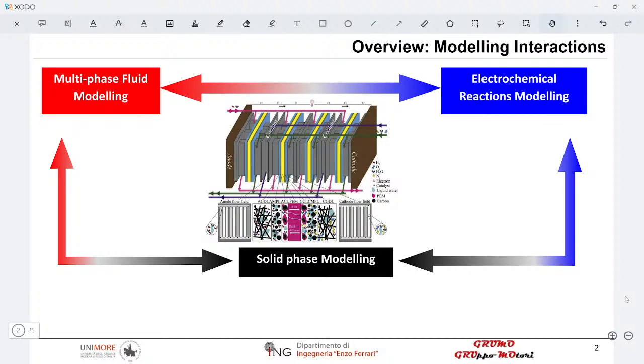So this is a picture that I'd like to bring up to your attention anytime we start, and you will see it also when we finish talking about the modeling of fuel cell systems using CFD.